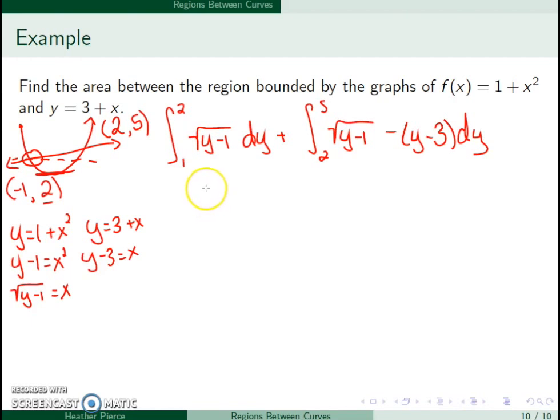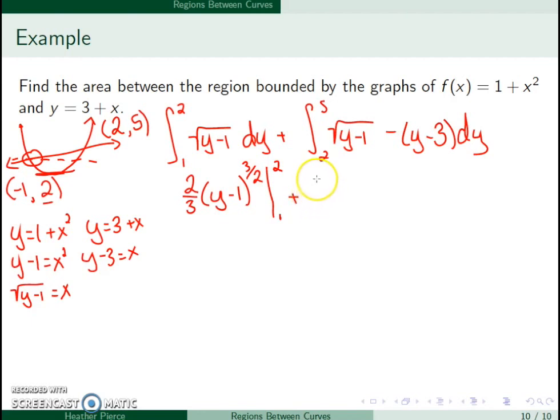The integral of the square root of y minus 1 would be 2/3 times y minus 1 to the 3 over 2 power between 1 and 2.